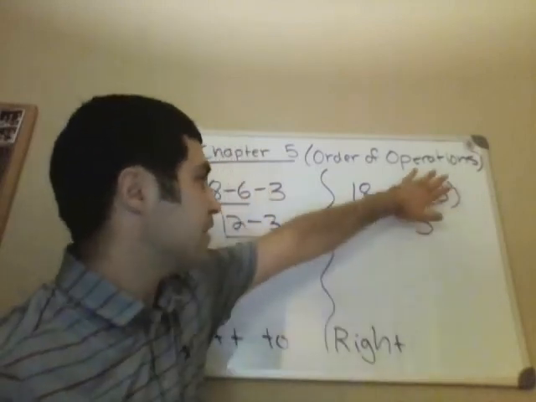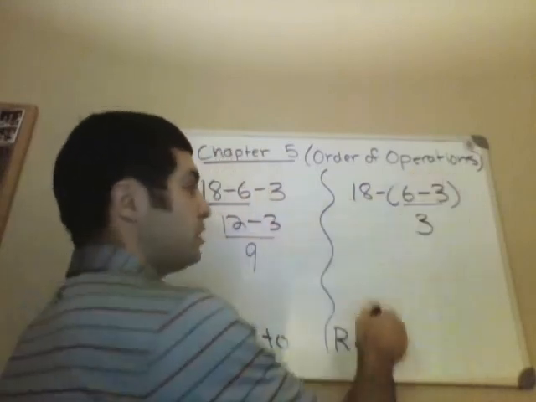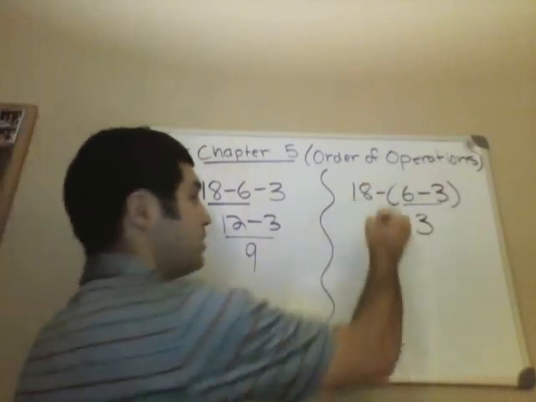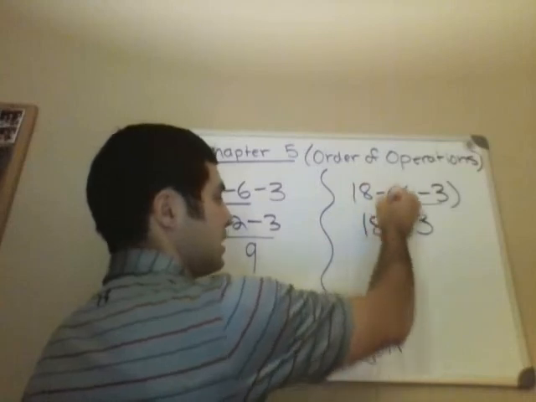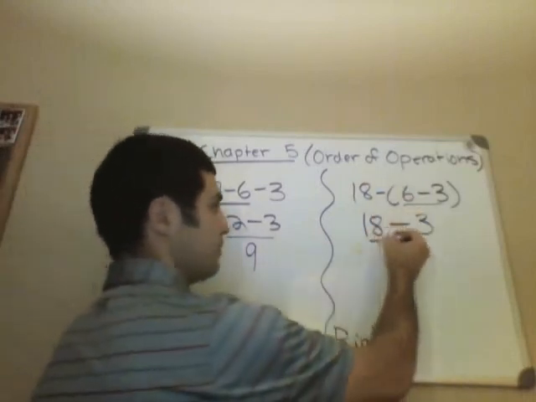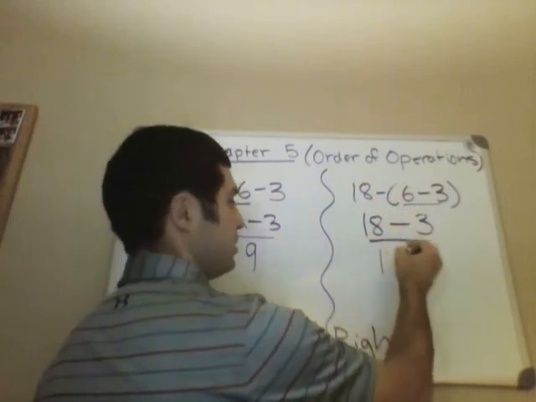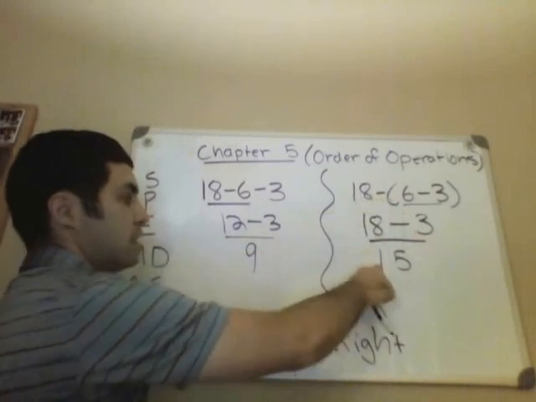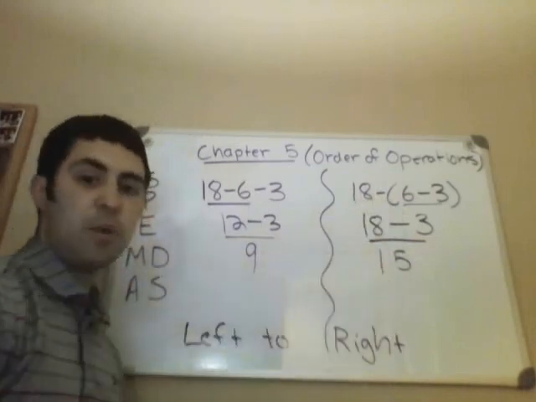Since I evaluated that 6 minus 3, I don't need to bring that down. I haven't done anything with the 18 and the subtraction sign, so I'm going to bring the 18 and the subtraction sign straight down. So 18 minus 3 is going to be 15. Notice, the parentheses created a completely different answer than what we had previously.